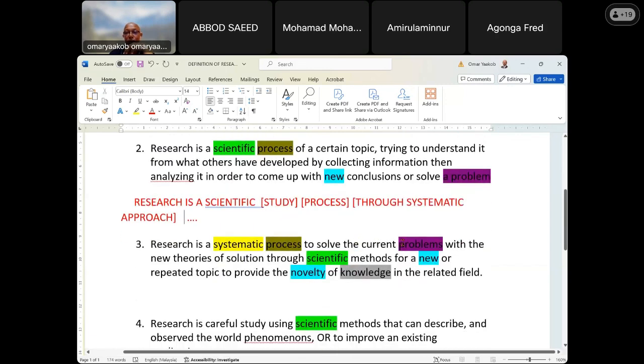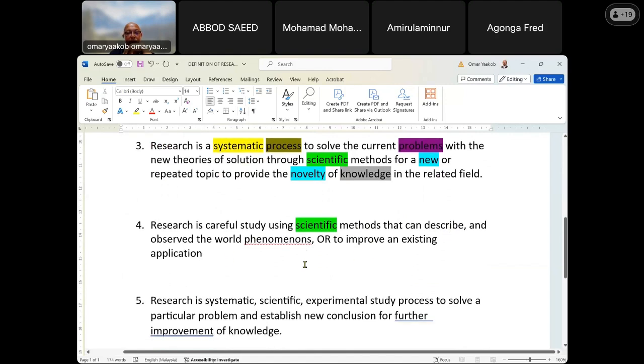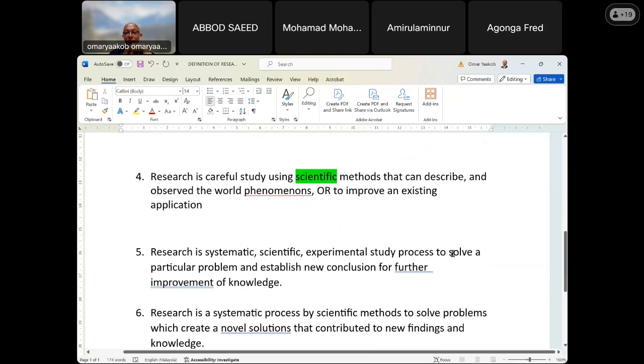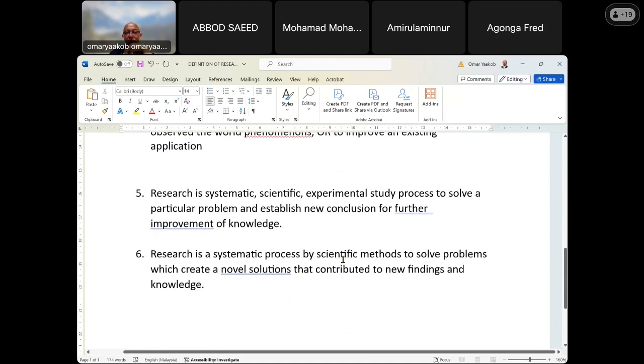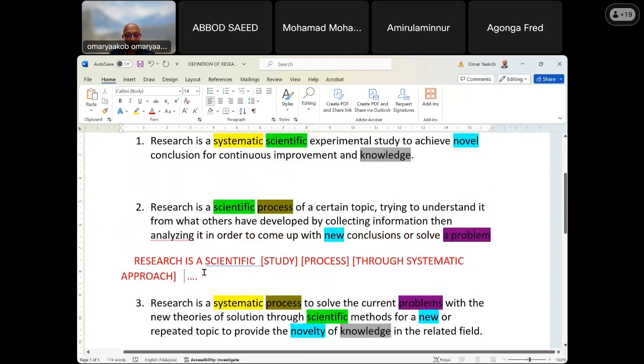Here it says to solve current problems with new theory, solution through scientific method for a new repeated topic. Research is using scientific method that can describe and observe world phenomena or improve existing application. Here, to solve a particular problem and establish new conclusion for further improvement of knowledge. Here, to solve a problem with creating novel solutions that contribute new findings and knowledge. So it must be something like "to", right? To do something. What is it?